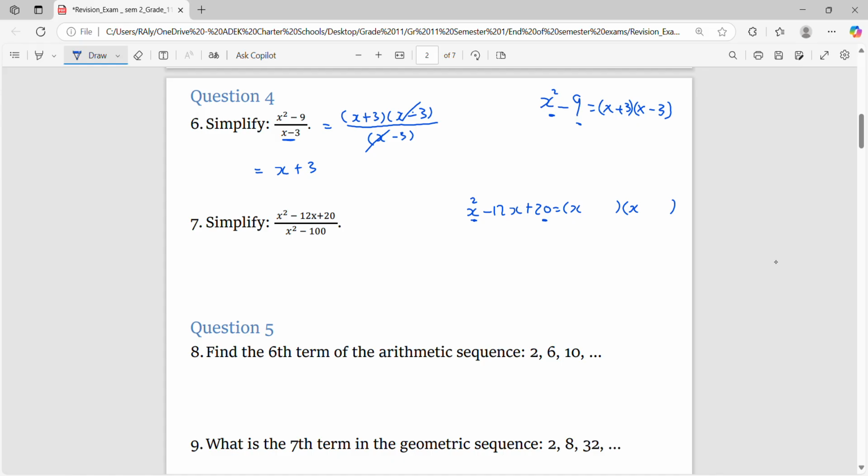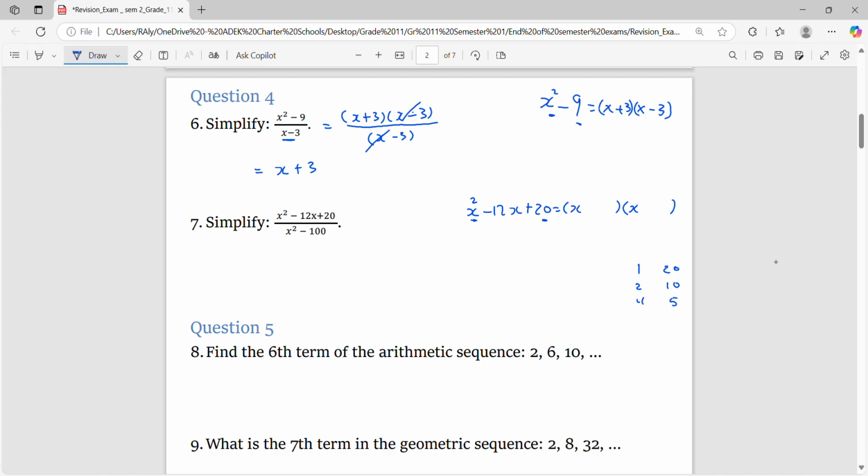What two numbers give me 20? We have many options. Let's write all the options that make a product of 20: 1 multiply 20, or 2 multiply 10, or 4 multiply 5.